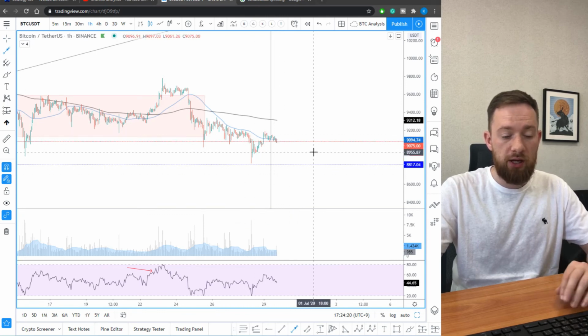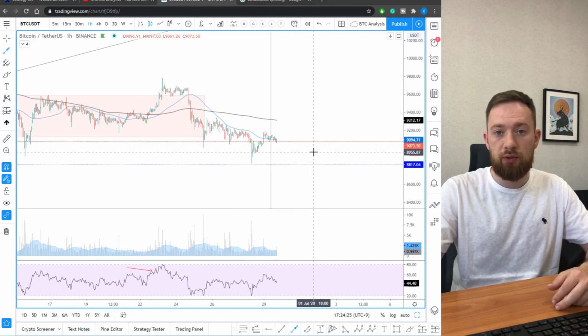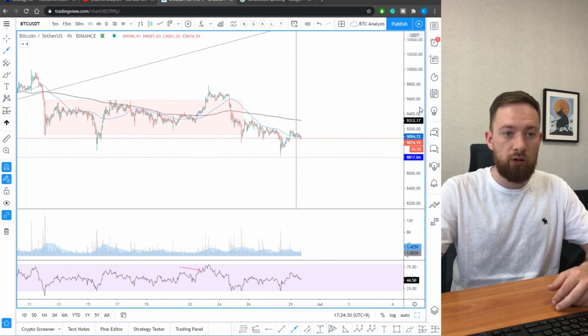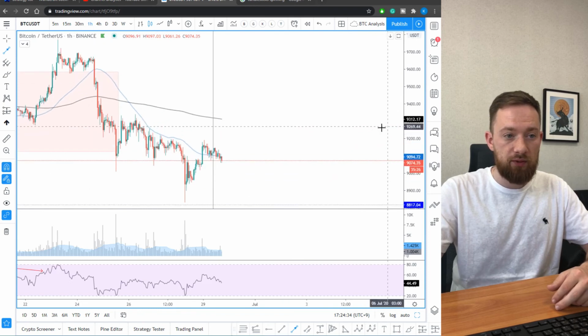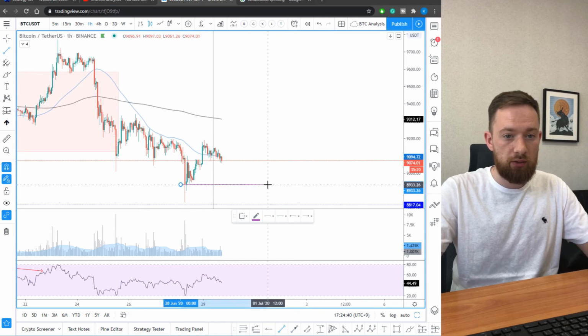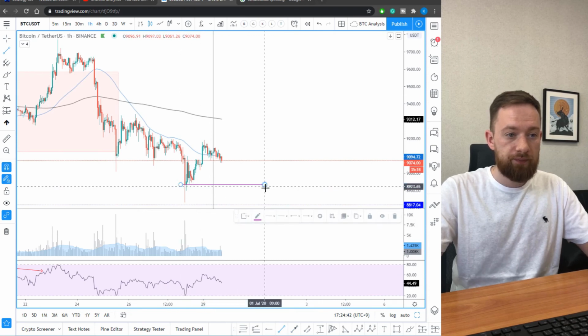So around here there will be a couple of factors which can support the price. A good round number of 9,000. This is usually a psychological mark for the BTC to show some support. At the same time, this will be the support line of the previous bottom. So we're talking about 8,900.